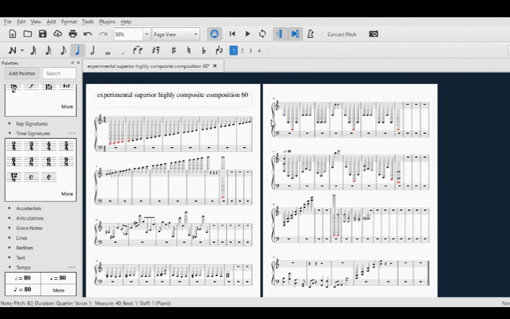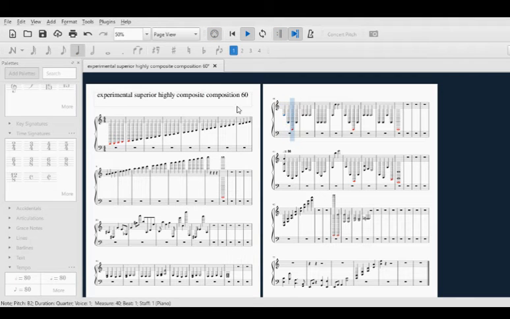And this would be what it would sound like in the 60 tone temperament. It's spaced exactly the same, I'm using the exact same notes, but this is just to show you the weird audio glitch that I was talking about.